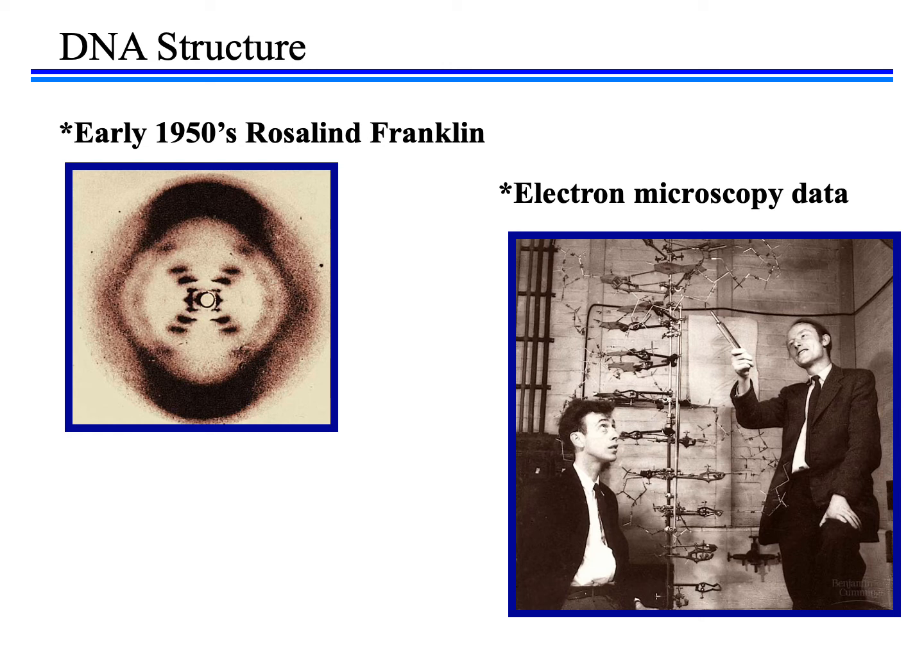Just to give you some idea, the thickness of a piece of paper is 1 million angstroms. So we're talking about something that is very, very small if we're talking about 20 angstroms overall. But electron microscopy data was able to demonstrate that the width of a DNA molecule was 20 angstroms wide.